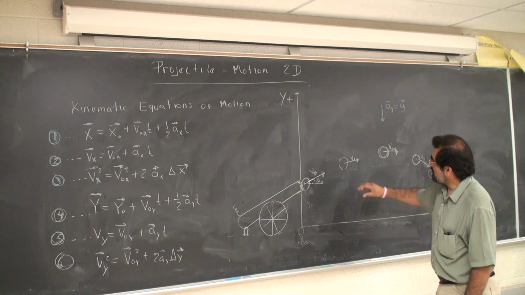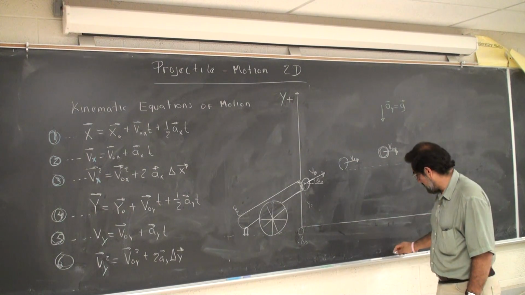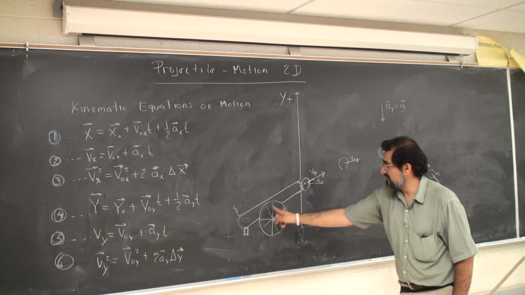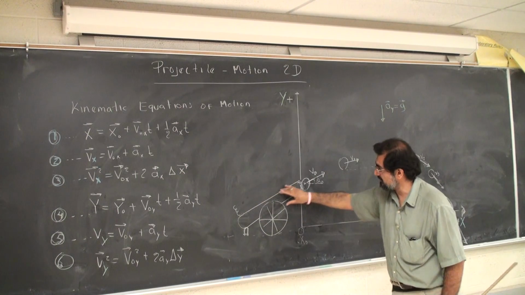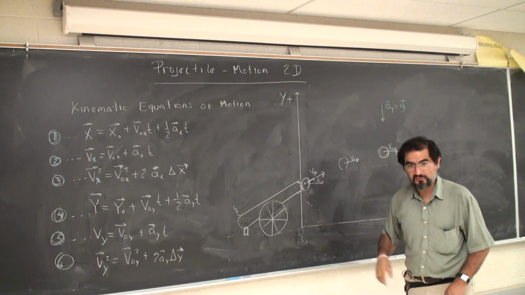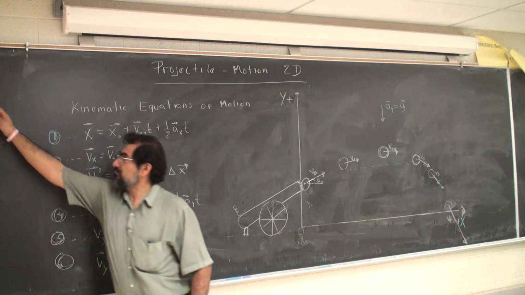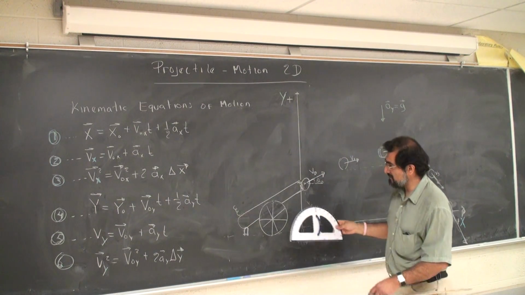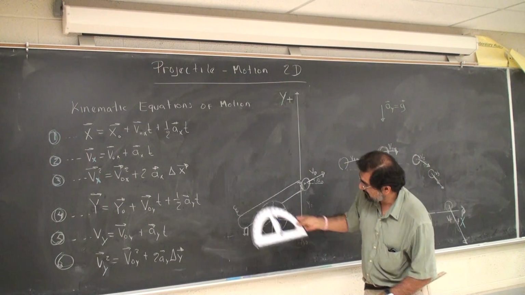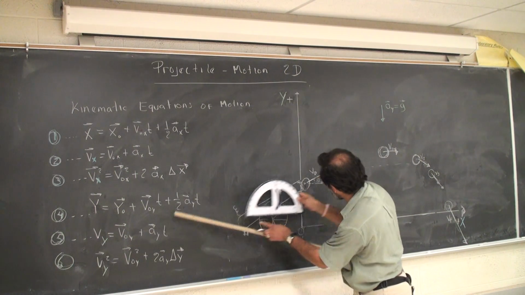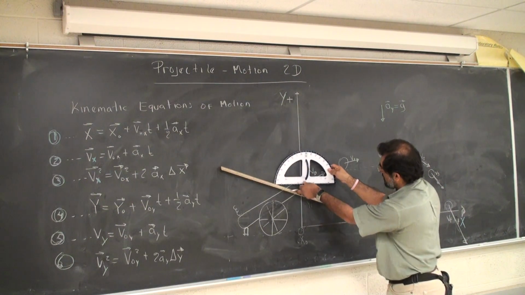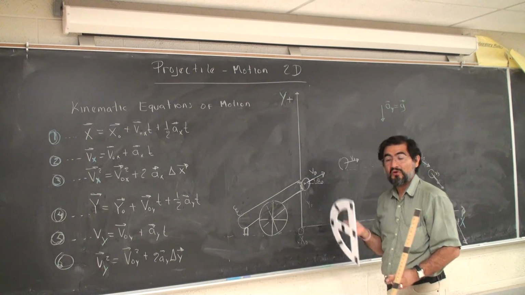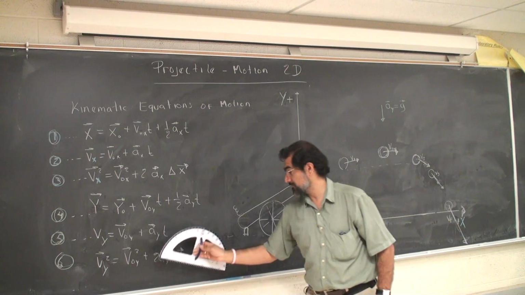We only know the direction, the angle of the motion, because it's going to be a straight line at that angle. You can take your protractor and measure the same angle that you have for your cannon, with respect to the ground, or you can take the reference here, extend it, and measure exactly the initial angle of your velocity.